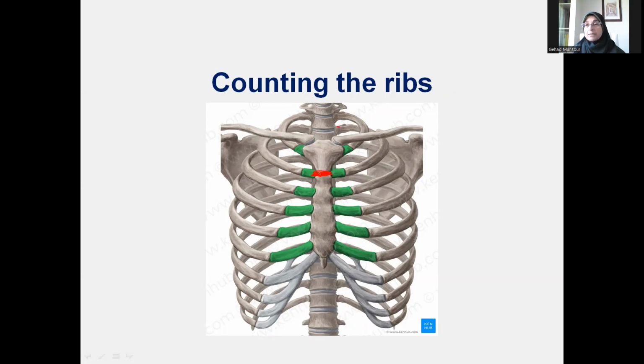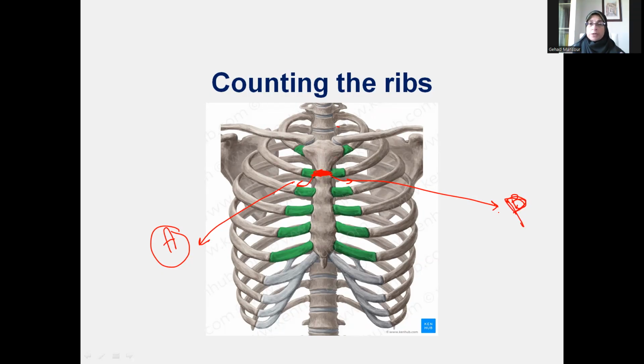That line represents the Lewis angle, or the sternal angle, and its importance is that it helps you determine the location of the second intercostal space to the right, which is the aortic area, and the second intercostal space to the left, which is the pulmonary area.